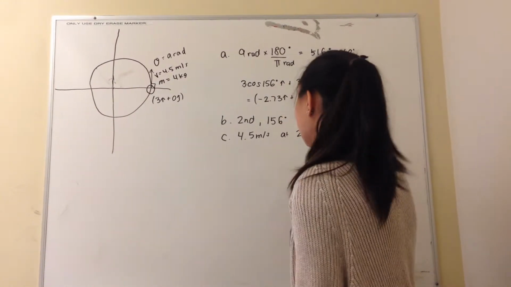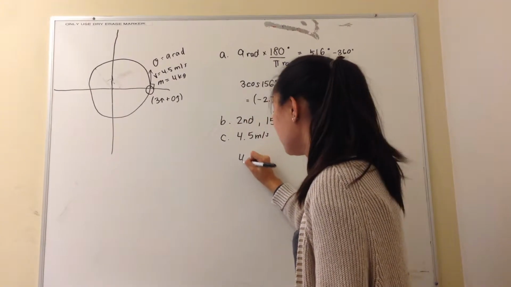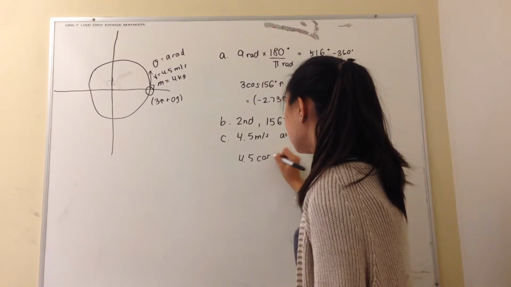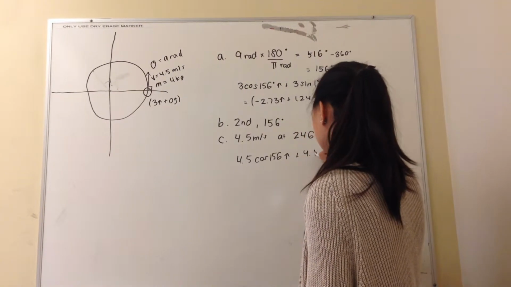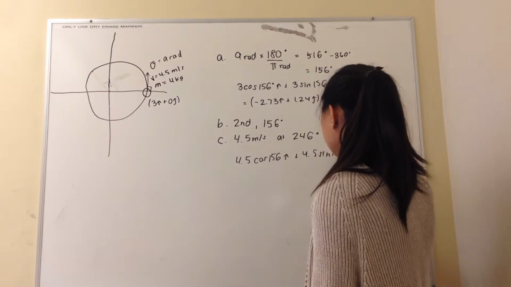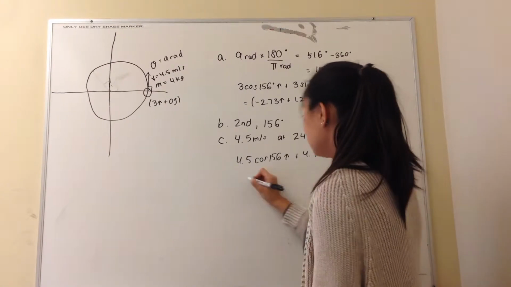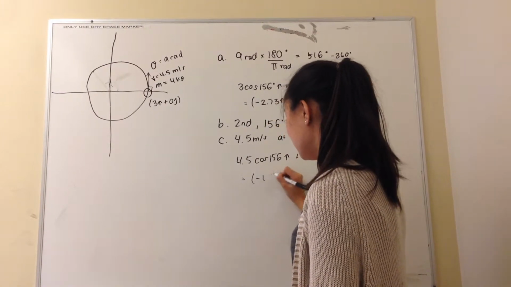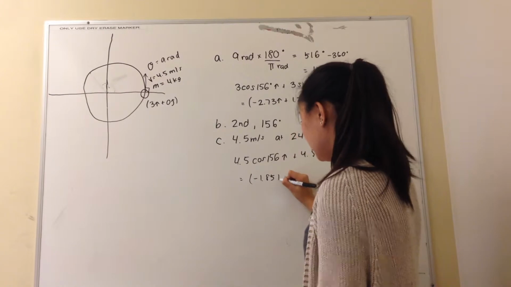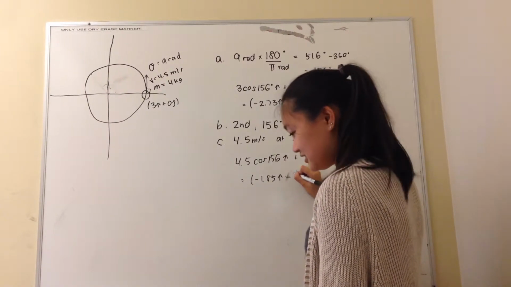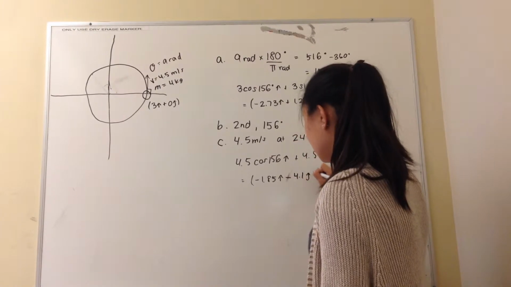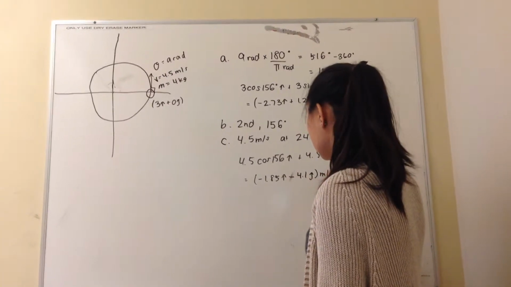Then you do 4.5 cosine 156 i plus 4.5 sine 156 j, and you get negative 1.85 i minus 4.1 j meters per second.